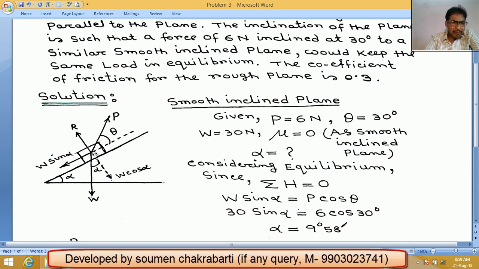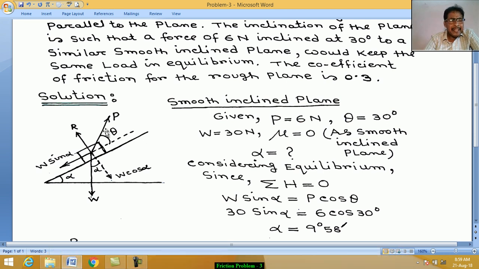R normal reaction perpendicular to the inclined plane, P applied force 6 Newton, P at theta degree with inclined plane, theta equal to 30 degree. We project this line.